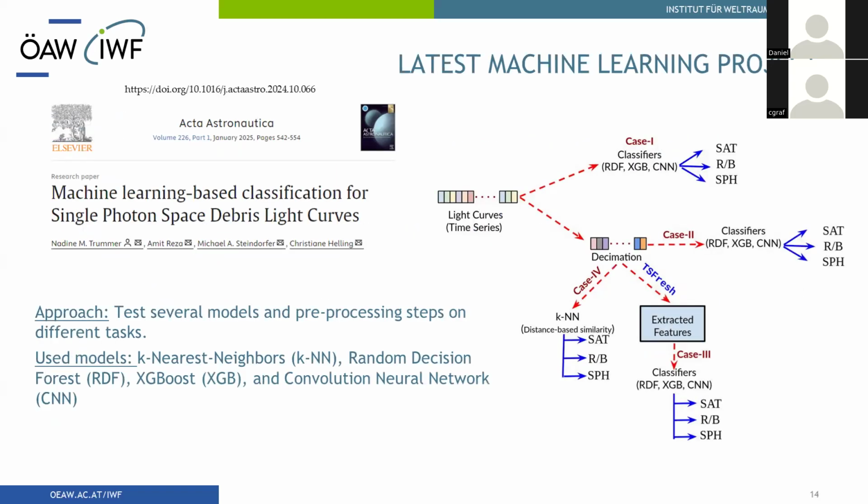This would cover case 1 and case 2, where we take the light curves themselves and feed them to the random forest classifier, XGBoost and CNN. And then there's the sub case where we choose feature extraction, because the feature extraction was of course more relevant for the random forest classifier. That was the thought behind that.